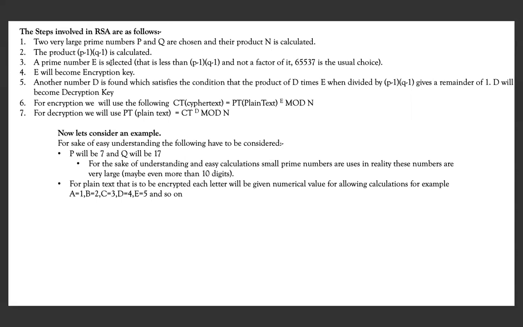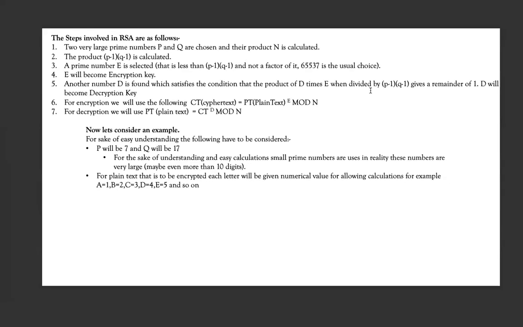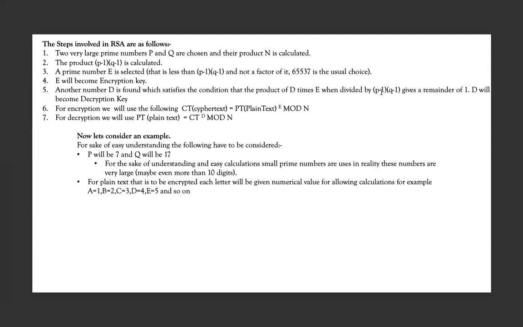Now, this E that we just selected based on this rule will become my encryption key. So E is the encryption key. Now we have to calculate another number, known as D. D is a number that satisfies the condition that the product of D multiplied by E, when divided by P minus 1 into Q minus 1, gives a remainder of 1.